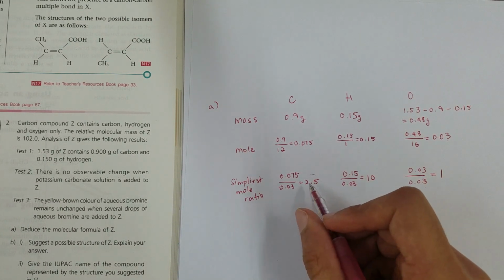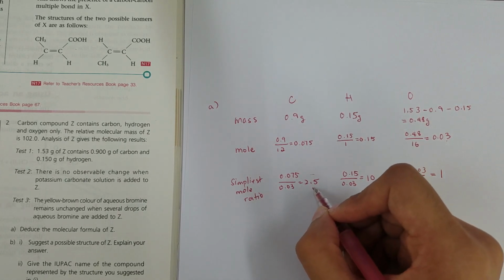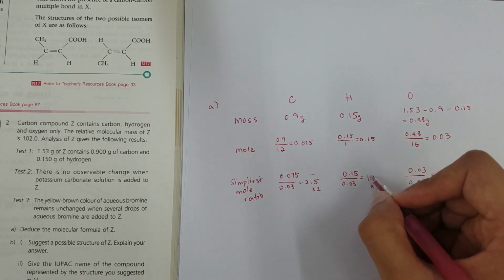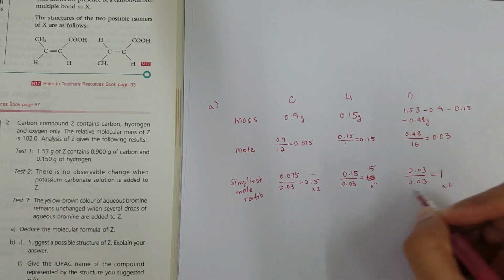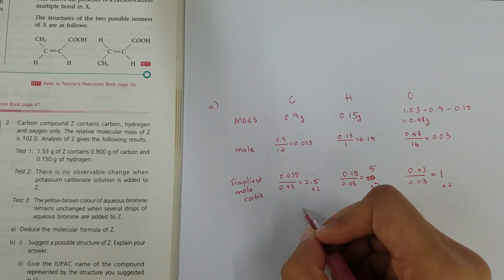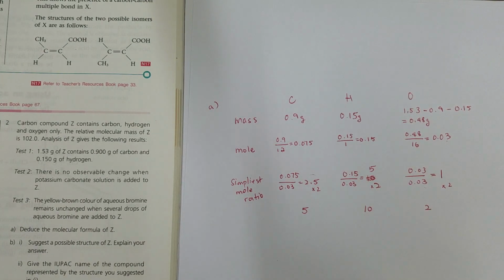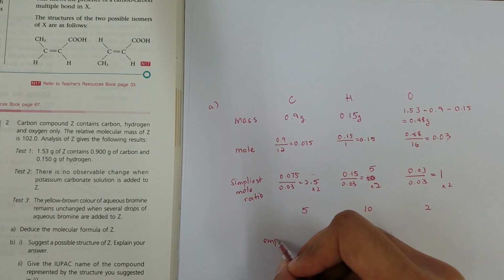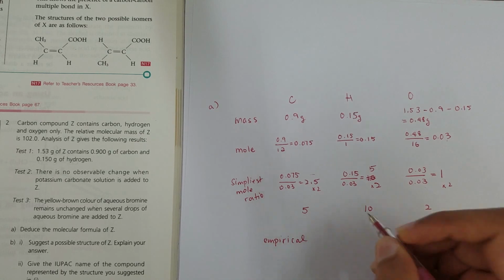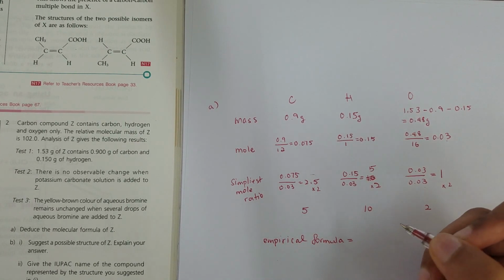So we have to make a whole number. So what we do is we multiply to the whole equation. So we times 2, and sorry, this one should be 5, my bad. Times 2, and this one should be times 2. So we'll have 5, 10, and 2. Now remember, once we use this, the answer we'll get will be empirical formula. Okay? So do not make the same mistake as you did in exam.